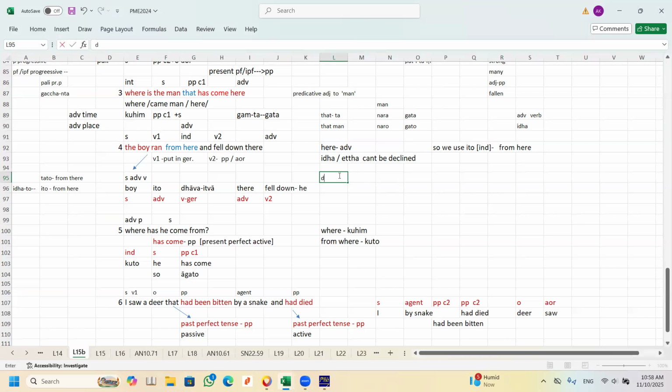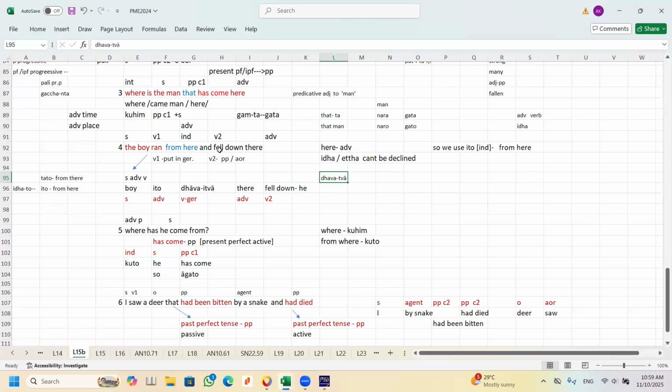For instance, dhava is the stem. The gerund normally you take away the personal ending, then you put tvā. So the a you have to change to i, so dhavitvā. When you see an a, that means dhavitvā. That means this will be put in gerund.